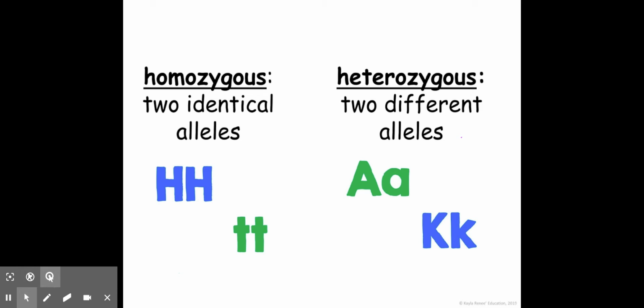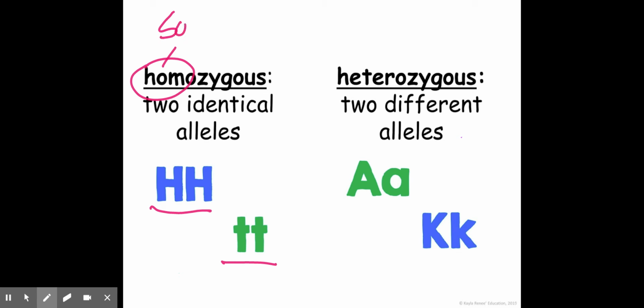So when we say homozygous, that means 2 capitals or 2 lowercase. Homo means same. Zygous is another way for us to say trait. So homozygous means same trait: I have 2 capitals, or I have 2 lowercases for recessive.